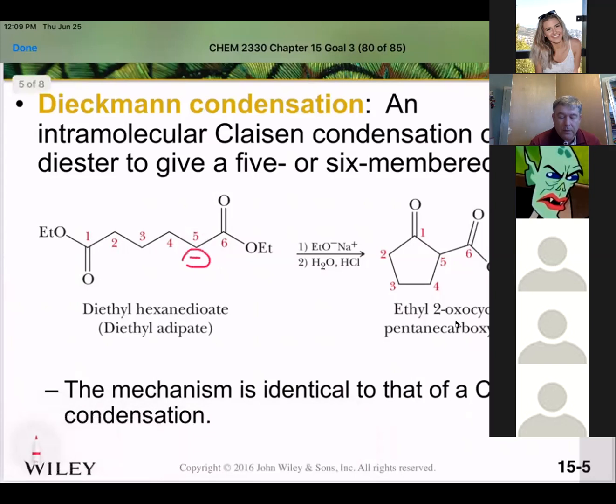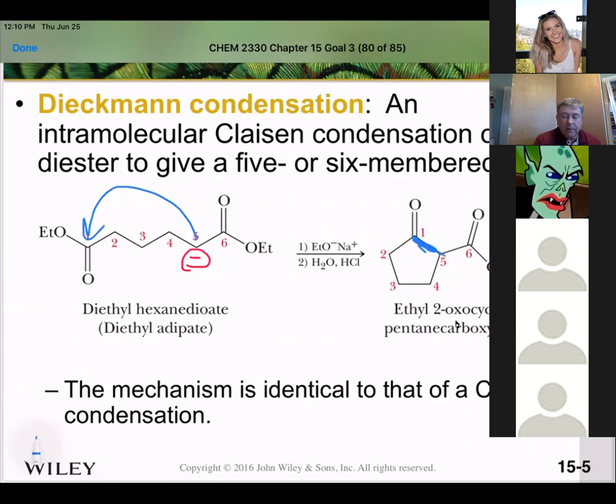And when we do that, this anion can't attack here, because it's right next to that carbon, so it has to attack somewhere else. We have it come and attack the only other carbonyl in our system, which is this one over here, okay? Now, notice when we do that, we've now made our 5-membered ring. So in this case, our number 5 carbon is bonding to our number 1 carbon, so we just made this bond right here.